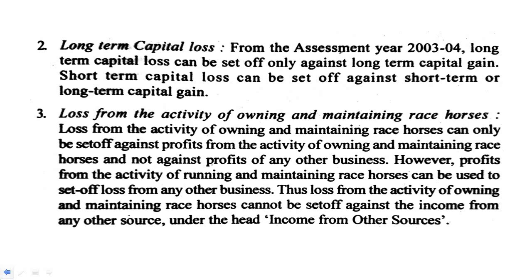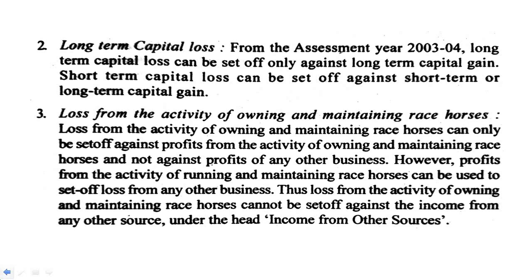Third one, loss from the activity of owning and maintaining racehorses. Loss from the activity of owning and maintaining racehorses can only be set off against profit from the activity of owning and maintaining racehorses and not against profit of any other business.